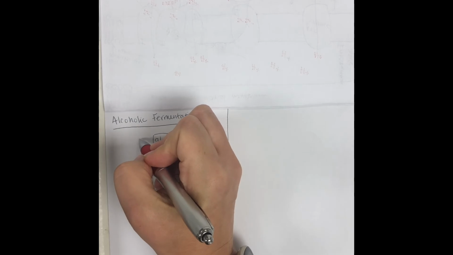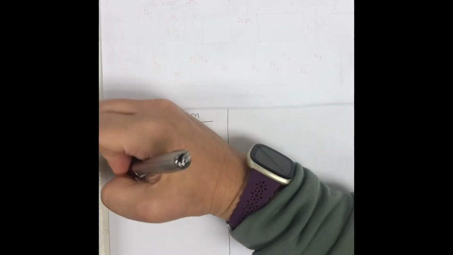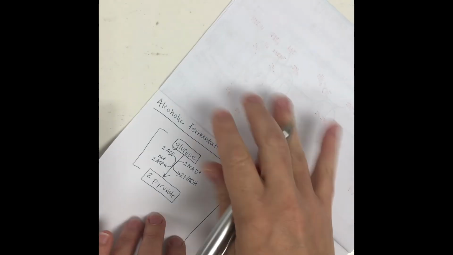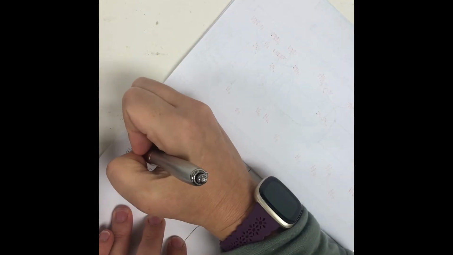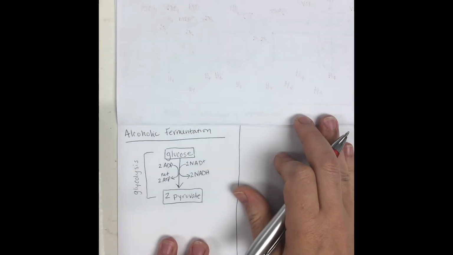This process going from glucose to pyruvate is called glycolysis. And remember that glycolysis happens in the cytoplasm, so all cells can do this, okay?